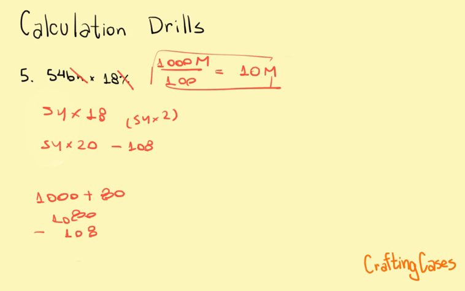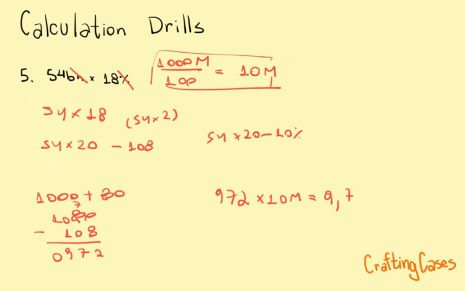I could have thought of this as 54 times 20 minus 10% of this. Did not think this through previously. So here we have a 7, 2, 9, 0. So 972 times 10 million brings us to 9.72 billion.